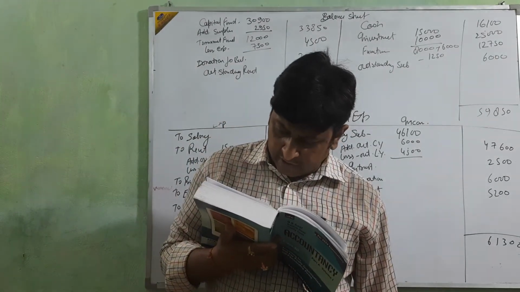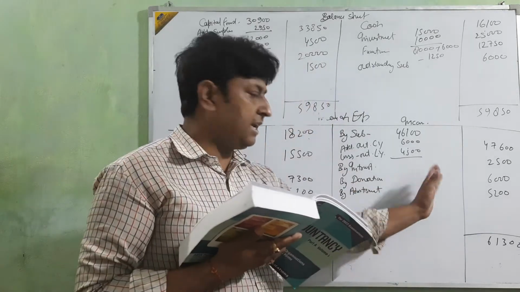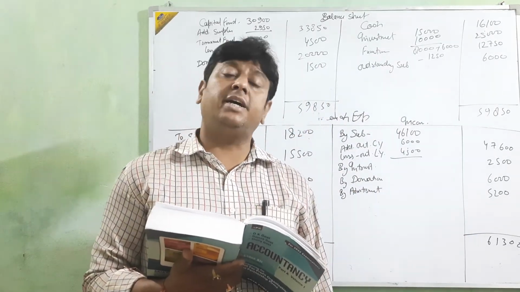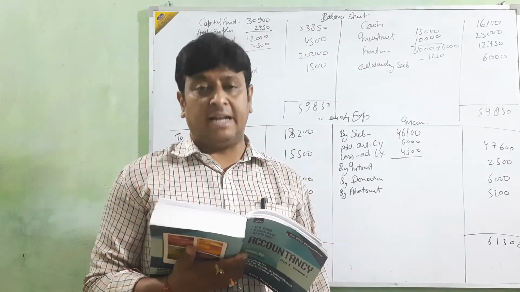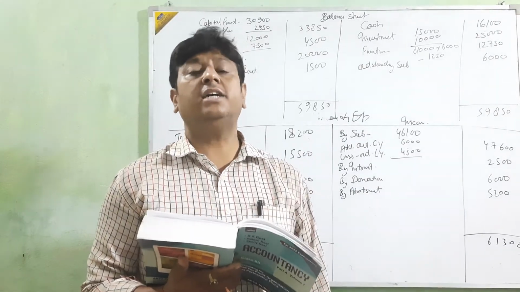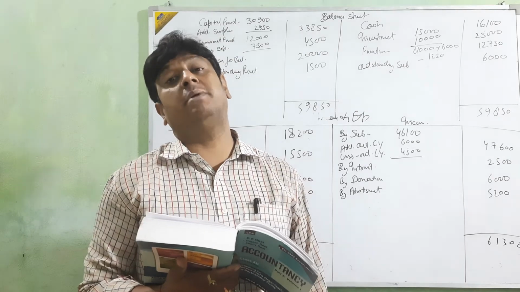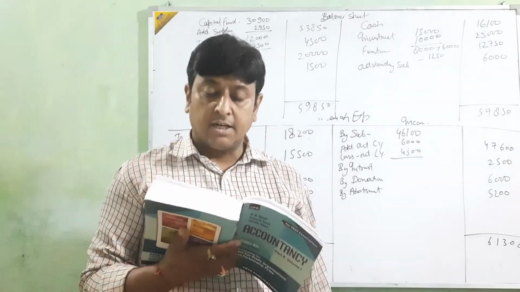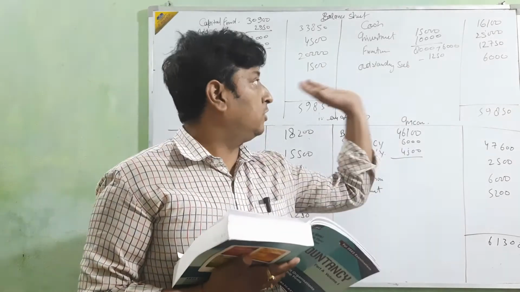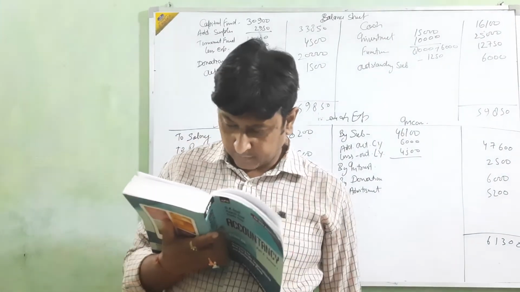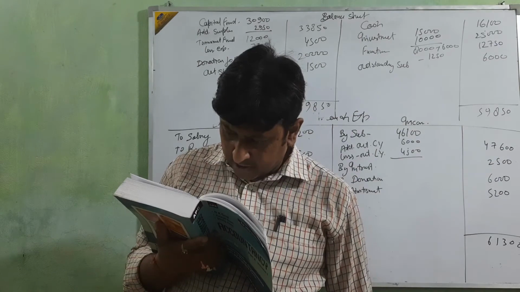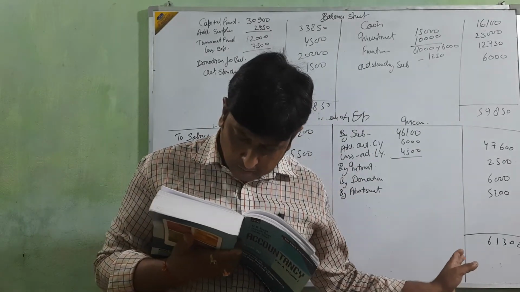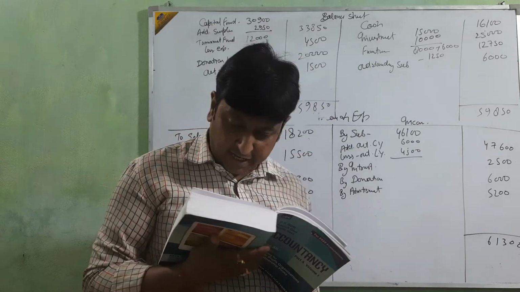Then interest on investment we are showing here, and the 50,000 investment will show in the opening balance sheet. When we make the opening balance sheet, at that time we are going to show this investment on the asset side of the opening balance sheet. Then next rent, bank interest, put here only.